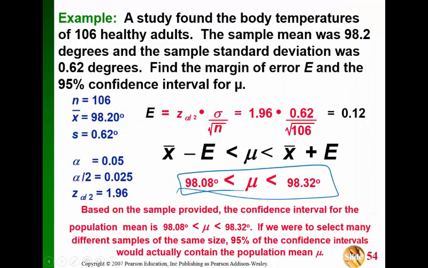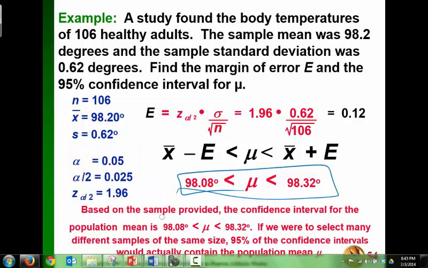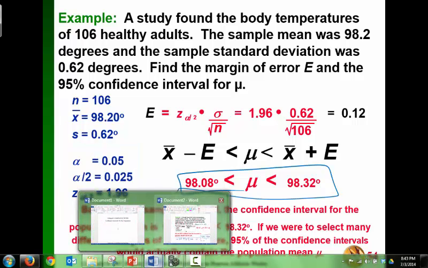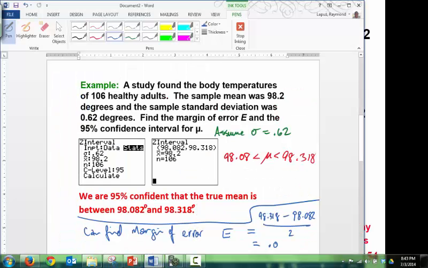Zero 1 2, or no, not 0.012, 0.12, if they ask you for the margin of error. Okay.